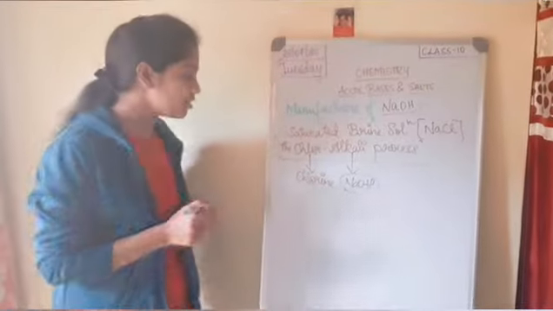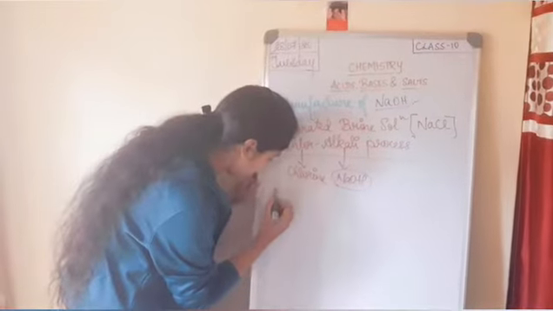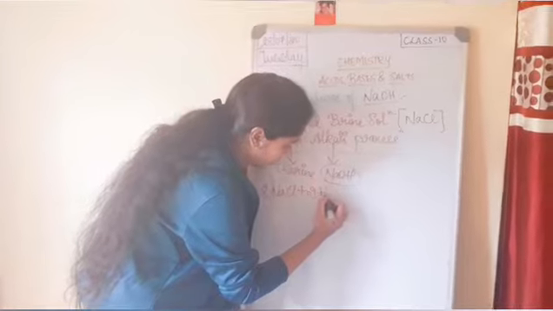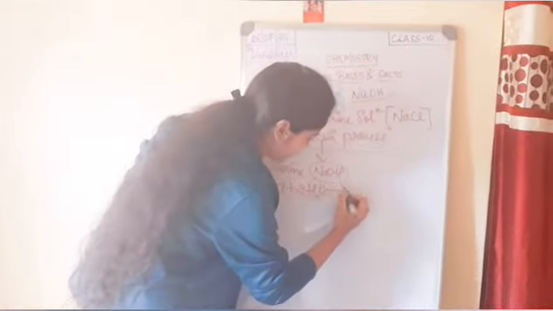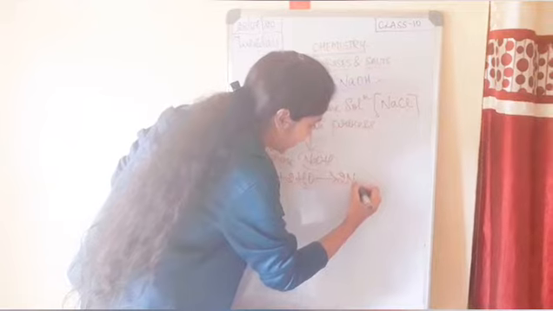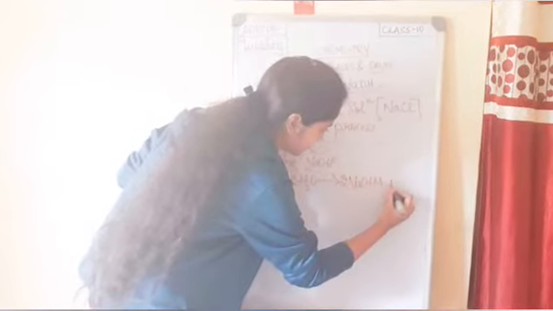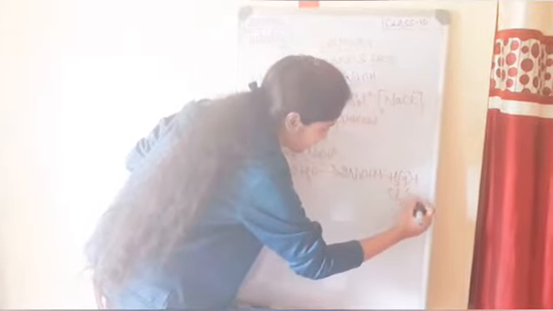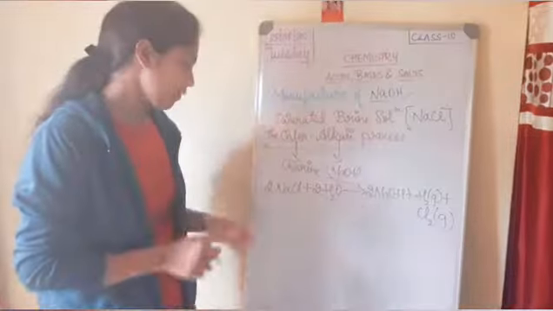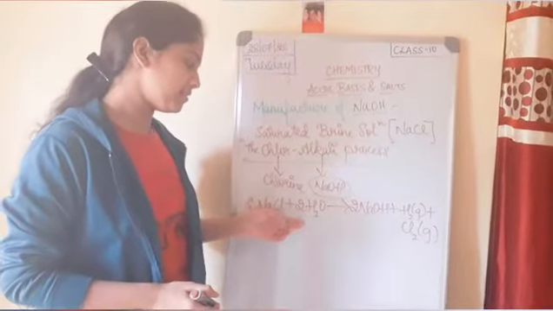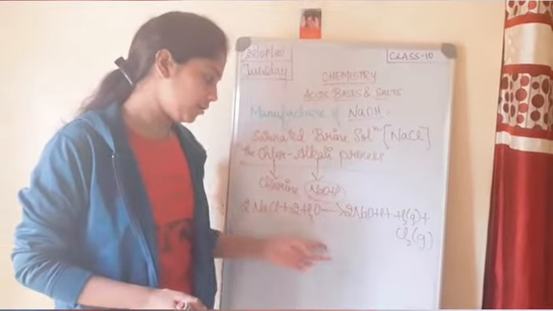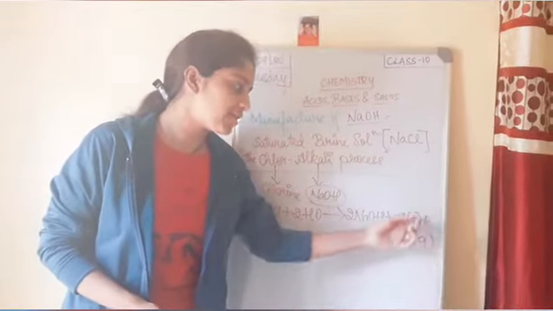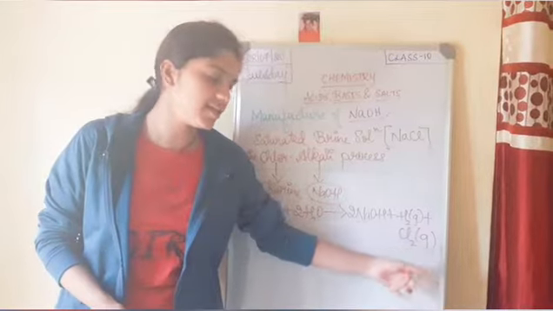Now the equation for this process is 2NaCl plus 2H2O gives 2NaOH plus H2 gas plus chlorine gas. Now 2 sodium chloride plus 2 water molecules gives 2 NaOH, that is sodium hydroxide, plus hydrogen in its gaseous form and chlorine also in its gaseous form.